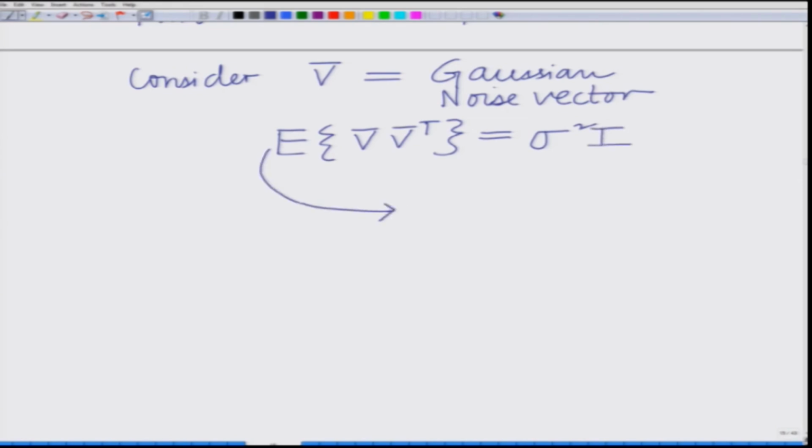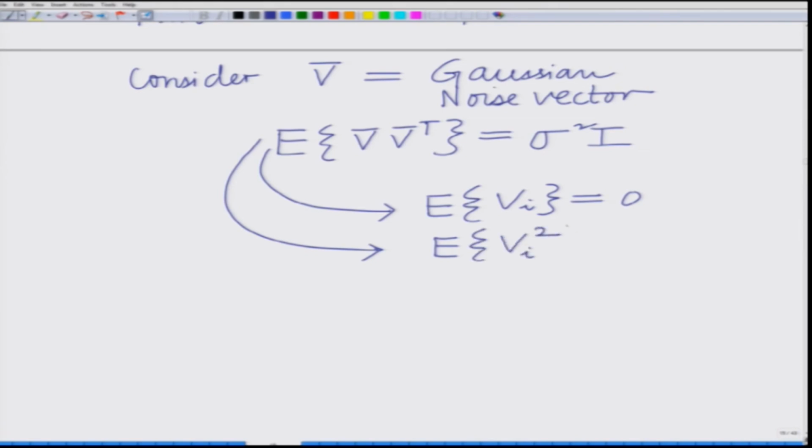This implies basically that, we are going to assume 0 mean noise, so expected value of each Vi is 0, and each noise has variance, expected value of Vi square equals sigma square.